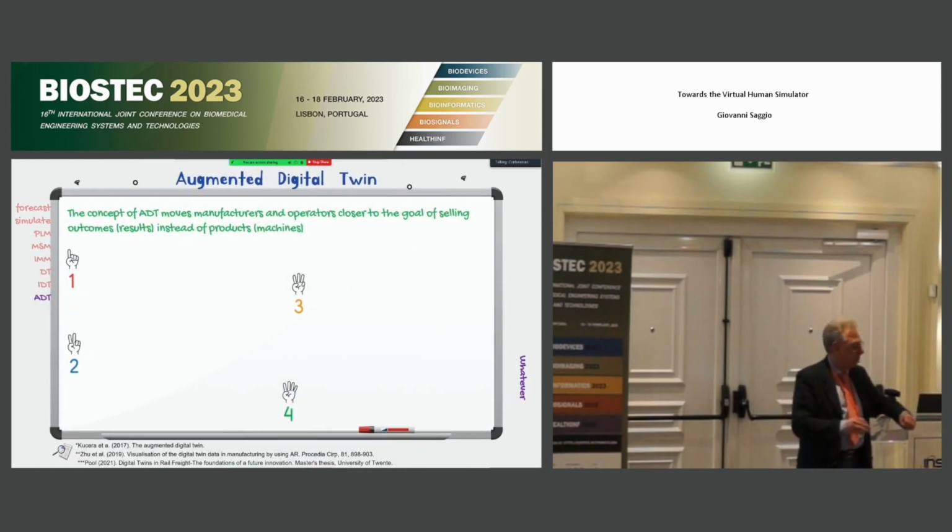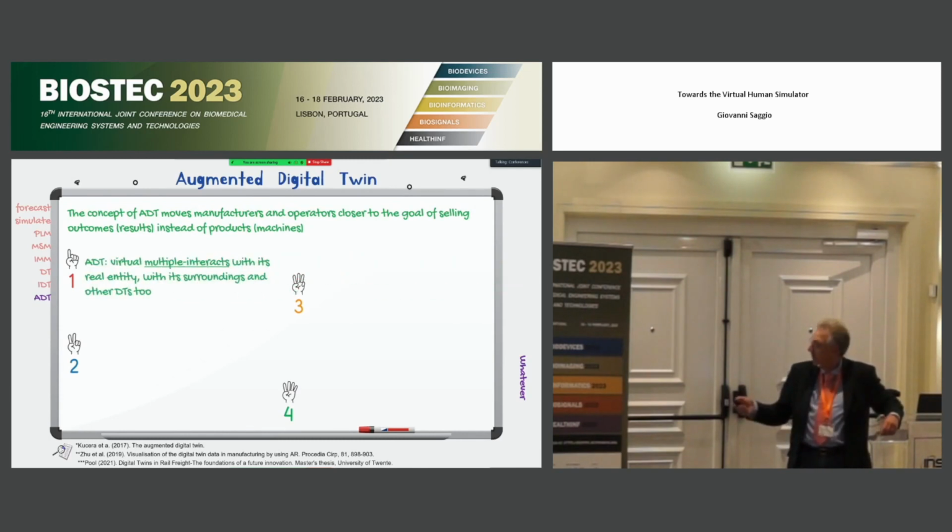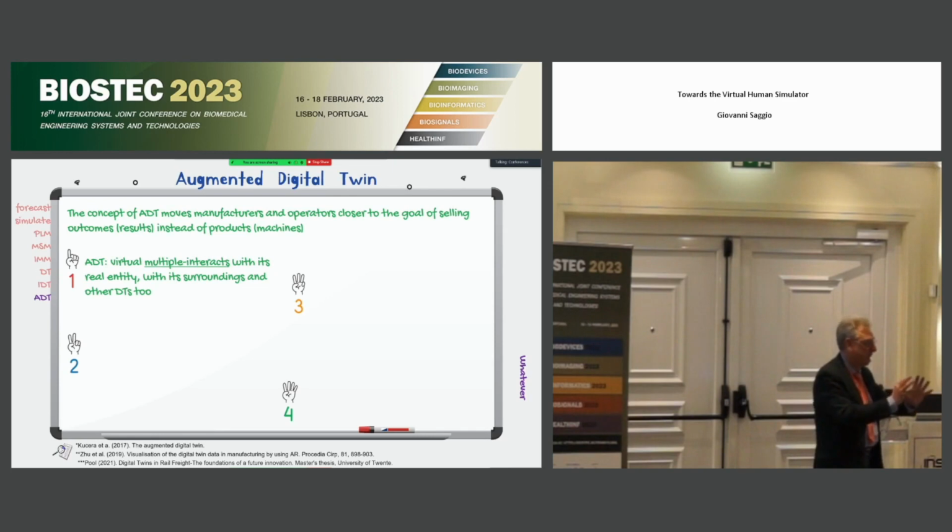And the augmented digital twin refers to a digital twin with multiple interactions with its real entity, with its surroundings and other digital twins too. So it means that we got one digital twin that interacts with other digital twins, exchanging data, information, whatever. So they are in an environment.